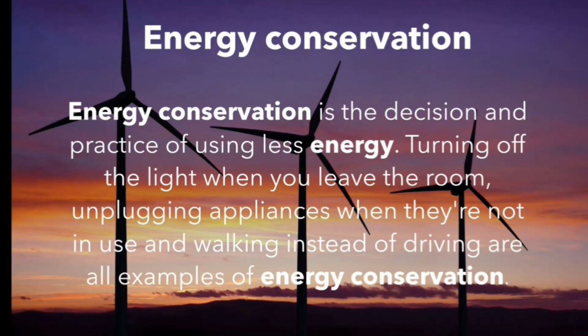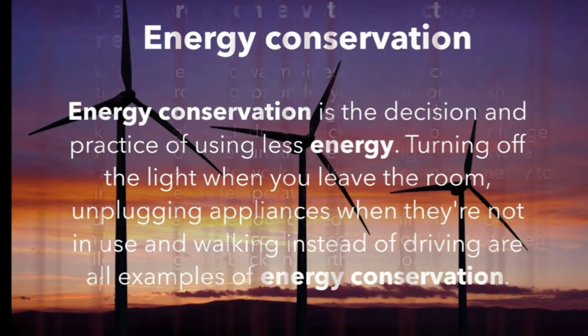Here we are going to learn about energy conservation. Energy conservation is the decision and practice of using less energy. Turning off the light when you leave the room, unplugging appliances when they are not in use, and walking instead of driving are all examples of energy conservation.